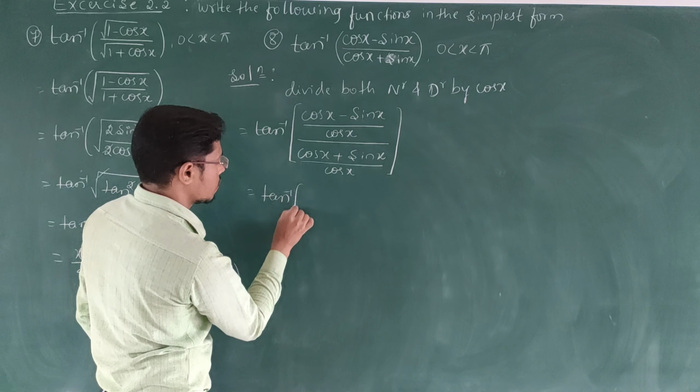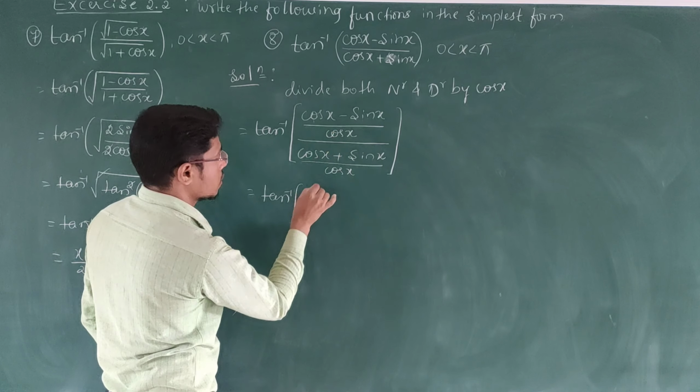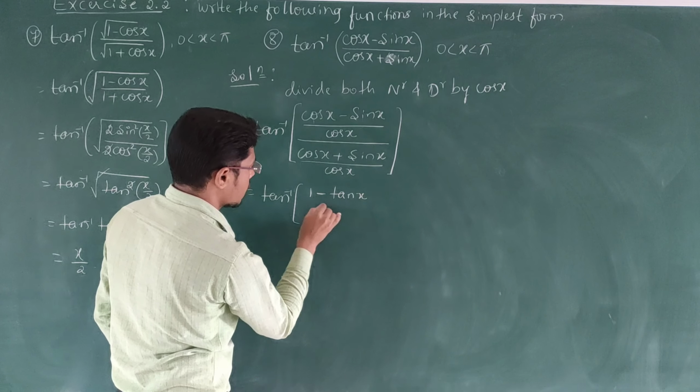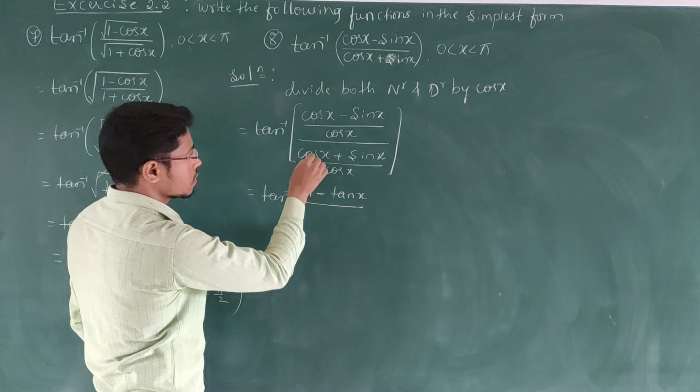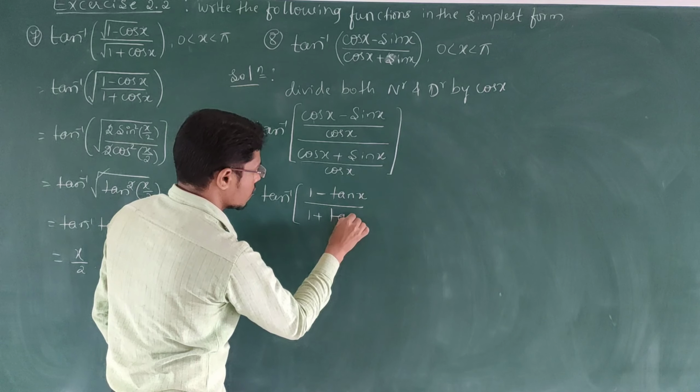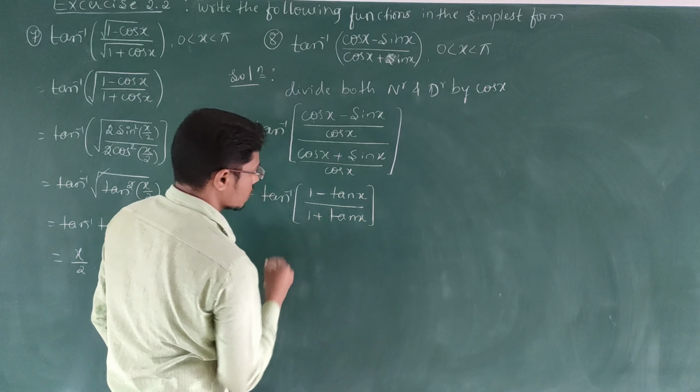Cos by cos is 1, sin by cos is tan. So 1 minus tan x divided by 1 plus tan x.